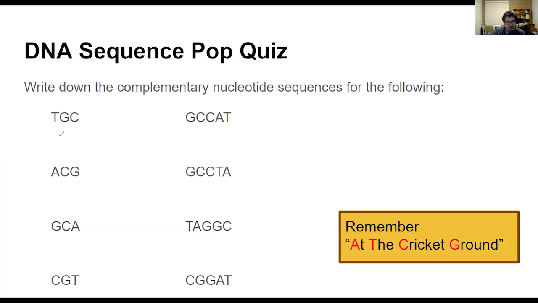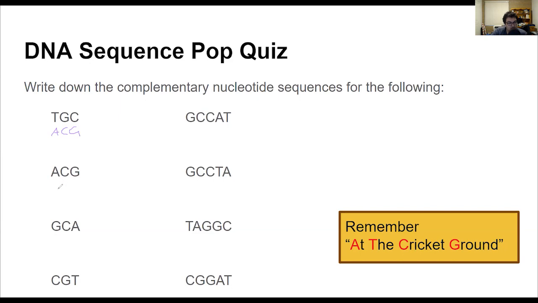So if we take a look at this first one just here, we have T, C, G. The complementary nucleotide sequence to that, if we remember that T matches up with A, we have G matching up with C, and C matching up with G. Pretty straightforward, right?